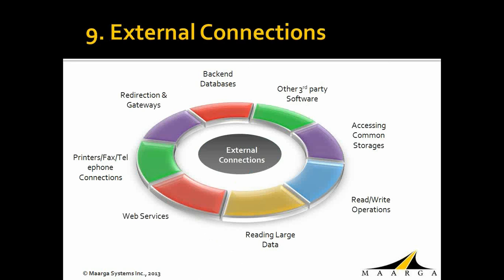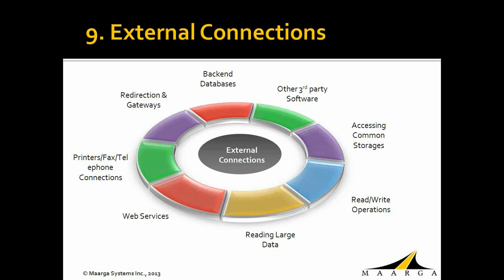Then the last thing is external connections, redirections and gateways. How many backend databases are we using? Other third-party software that might get connected, accessing common storage, LAN, WAN, SANs, read-write operations on files, reading large data from probably a backend Oracle database or an SAP database or any RDBMS, web services that might be linked to our applications from our agents, which might be slower, connections to our printers, fax, or telephone connections.